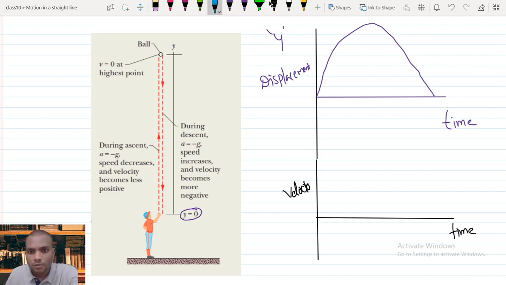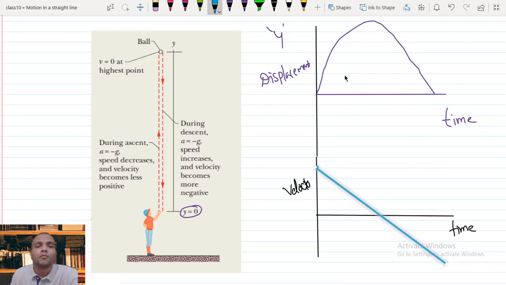If you can see my blue point, initially the object has the velocity. When it goes to the top the velocity becomes 0, and when it falls back the velocity increases. That is what really happens when we throw objects. When we throw objects in the upward direction, whatever the velocity is in our hand, that is the velocity of the object going upward.